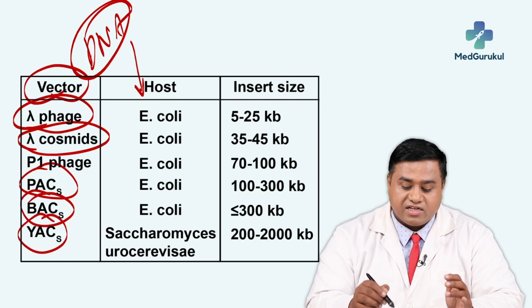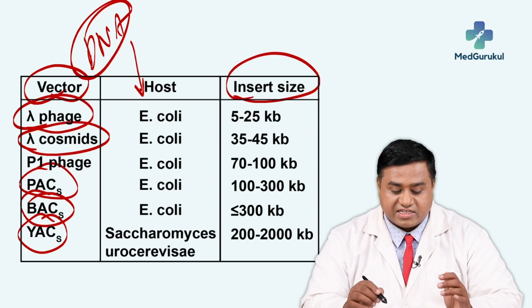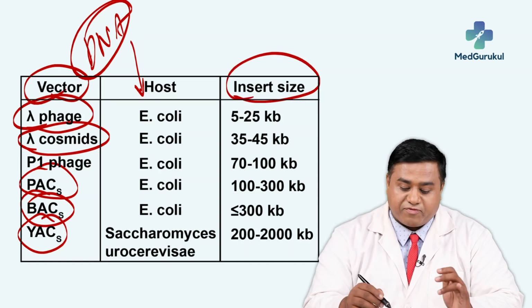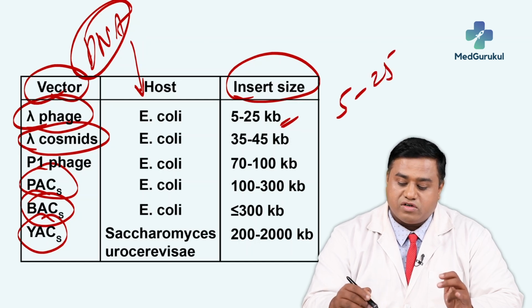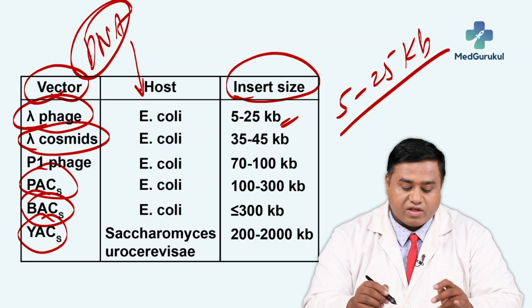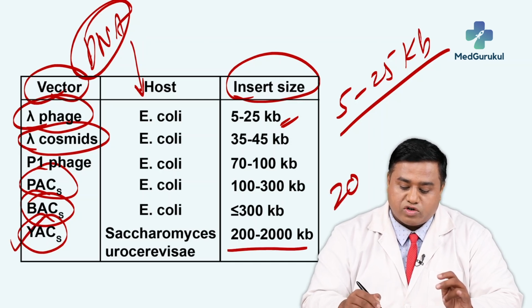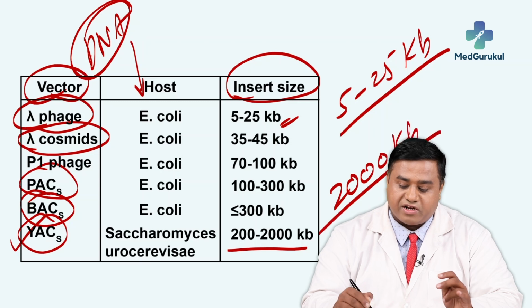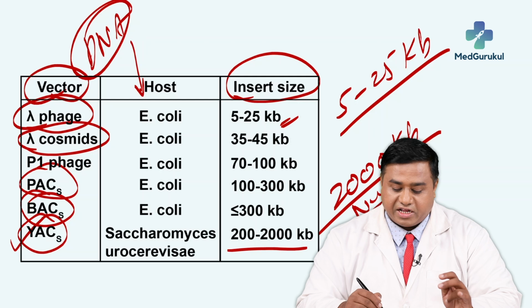These vectors are limited by their package size or insert size, whereas the lambda-phage can carry only a small fragment, like 25 to 5 to 25 kilobase of DNA material, whereas yeast artificial chromosome can carry up to 2000 kilobase pairs of nucleotide or DNA material.